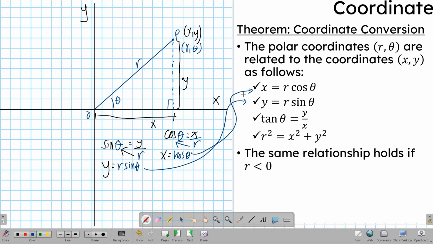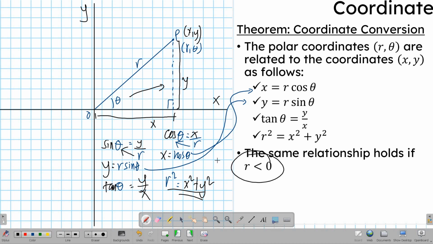And we know that the tangent of theta would be equal to the opposite side, which is y, over the adjacent side, x. Finally, from the Pythagorean theorem, r squared will be equal to x squared plus y squared. So with simple reasoning, forming the right triangle, we can see the relationship between the polar and the Cartesian coordinates. It's the same whether r is positive or negative.